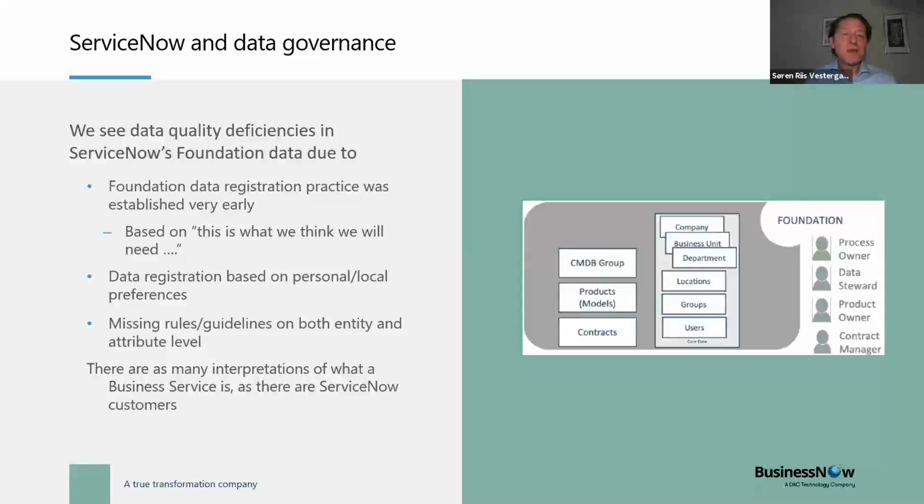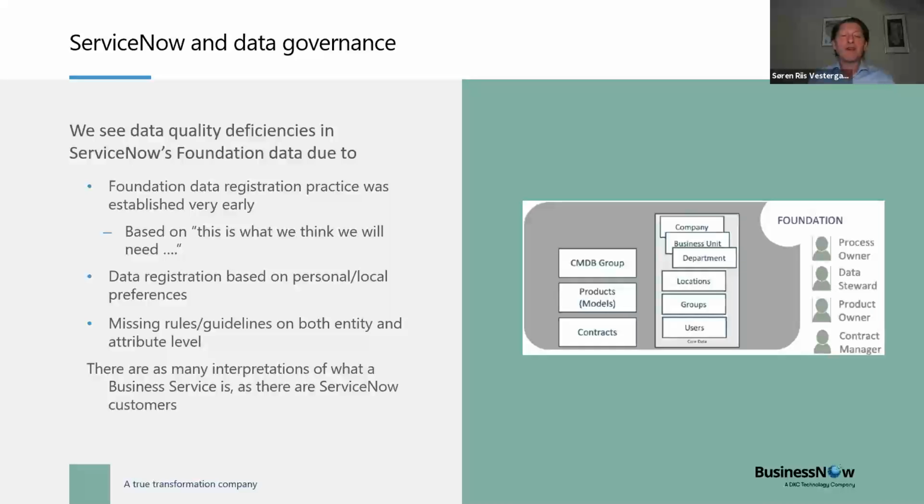Also, data registration in many customer installations is done on local or personal preferences. A person sitting in the service desk is very much focused on moving on to the next ticket and the next ticket and the next ticket.